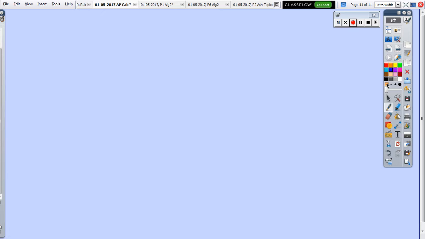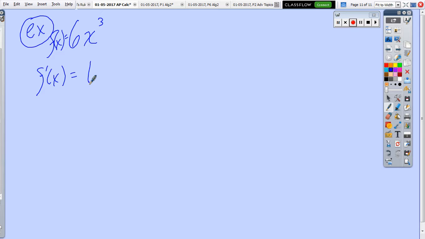So say, for example, it's something more bizarre. Let's say f of x is equal to 6x cubed. And so f prime of x is equal to 18x squared, and f double prime of x would be equal to 36x.